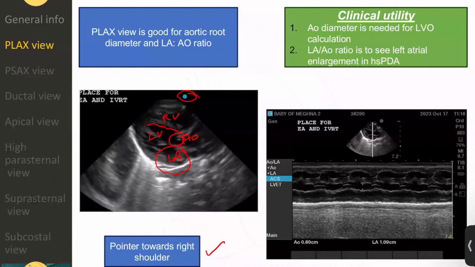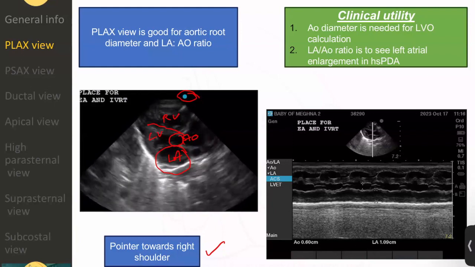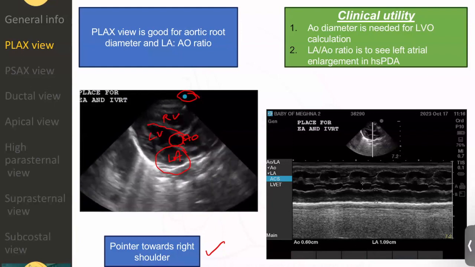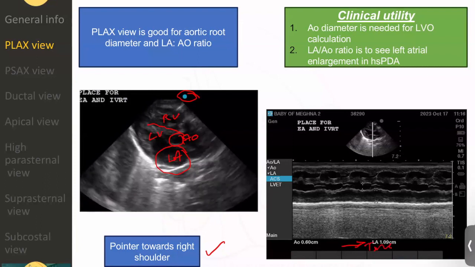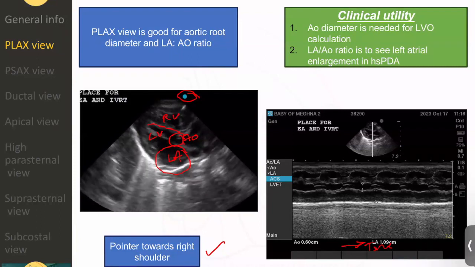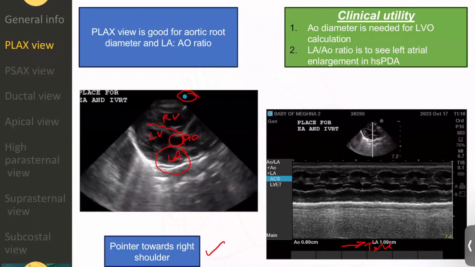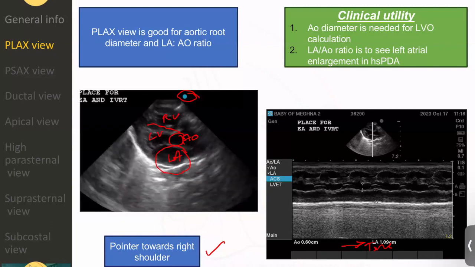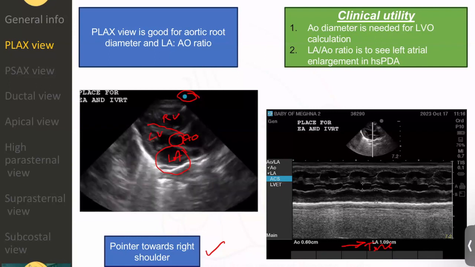When we have moving things, M mode helps us, because time is always on the x-axis, and against time you see the movement. The same things are reflected in M mode. You put your M mode line now because we want to see the relationship of the aorta and the LA. The M mode line should cross through the aortic valve and go to the LA.